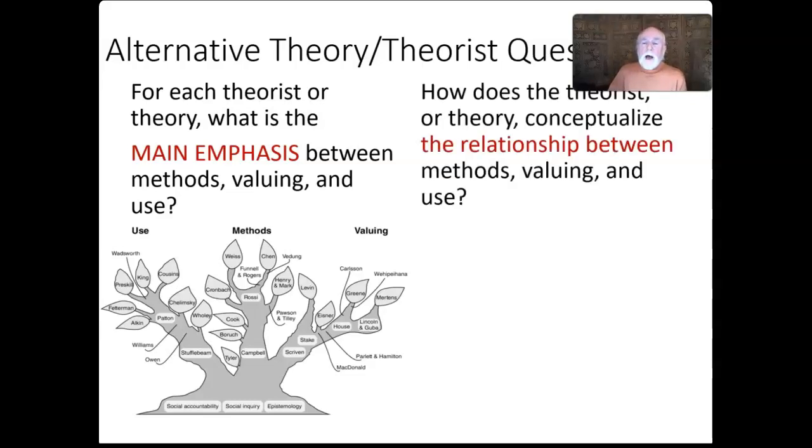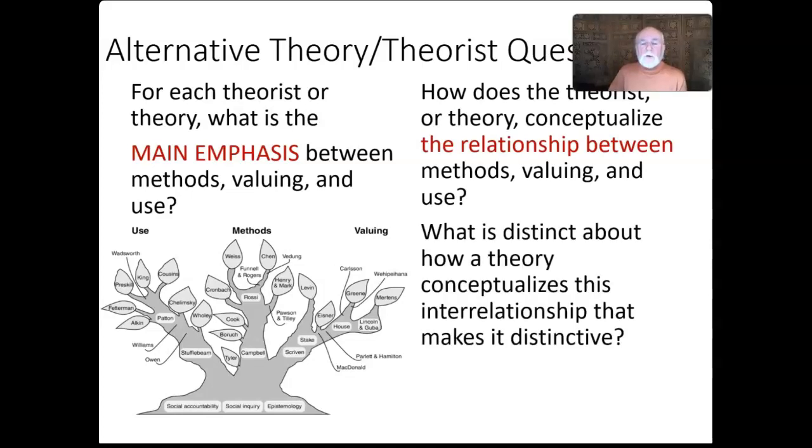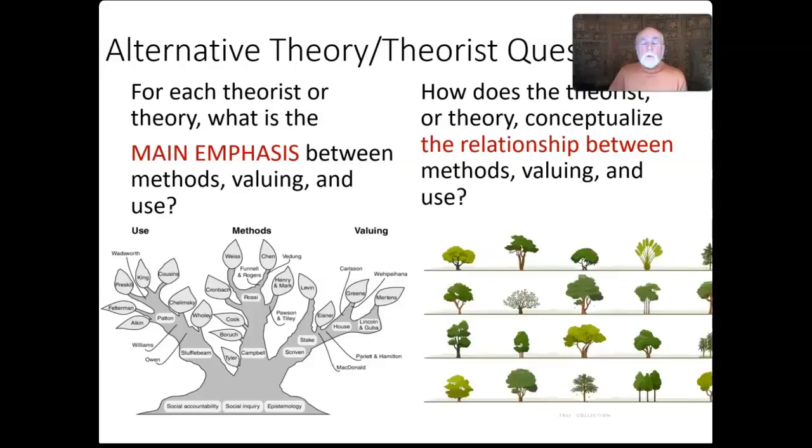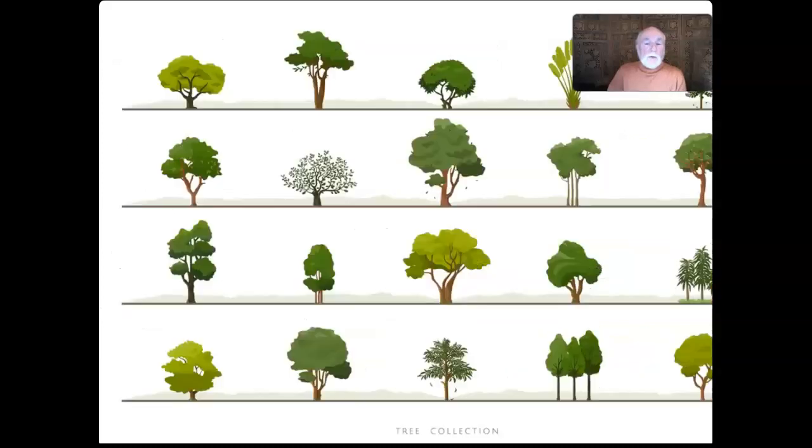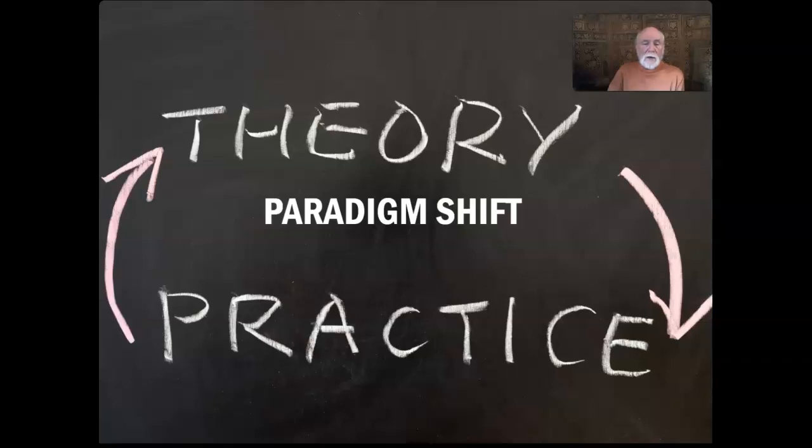But if we ask, how does the theorist or theory conceptualize the relationship between methods, valuing, and use, and we ask what is distinct about how a theory conceptualizes this interrelationship that makes it distinctive, we end up with a forest of distinct theories, each of which has a particular relationship between use, valuing, methods, and other factors. And so that constitutes what it seems to me is a paradigm shift in thinking about the relationship between theory and practice.